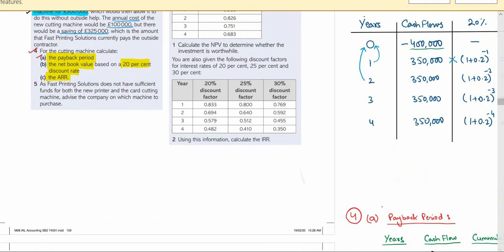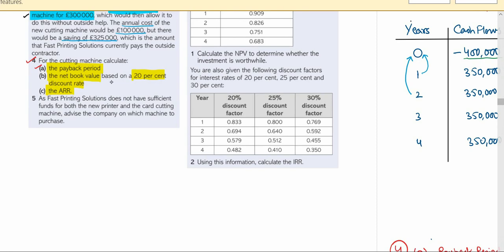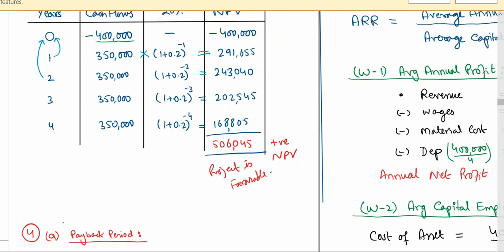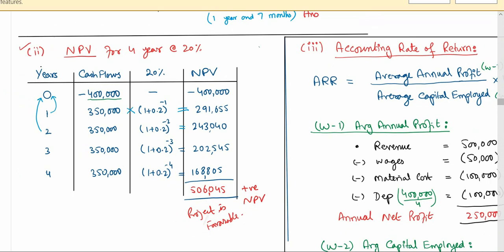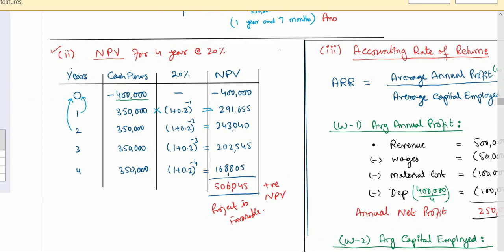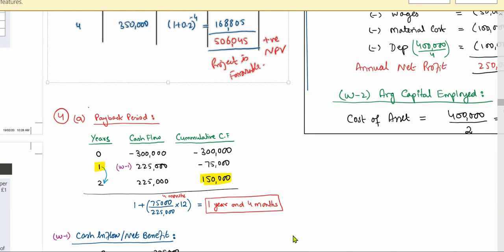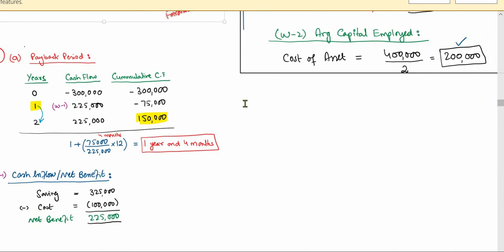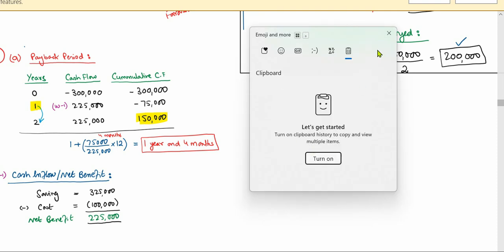Okay, so now net present value based on 20% discount rate. Now calculate the net present value. For the net present value we use this format. Question 4A, question 4B, we write here.